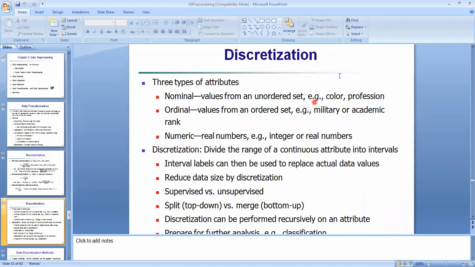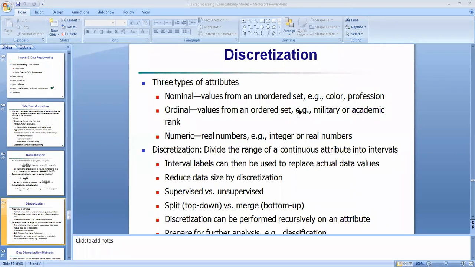Now, what is discretization? There are three types of attributes, which we have already seen.